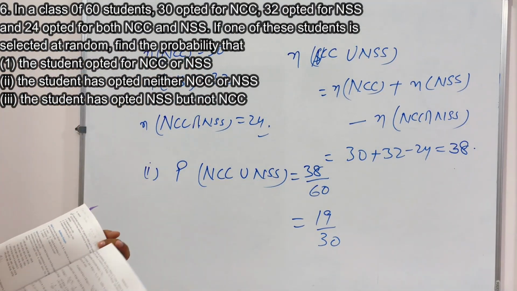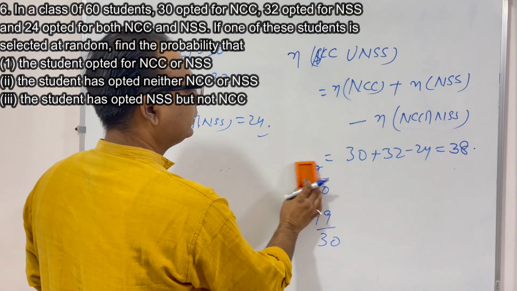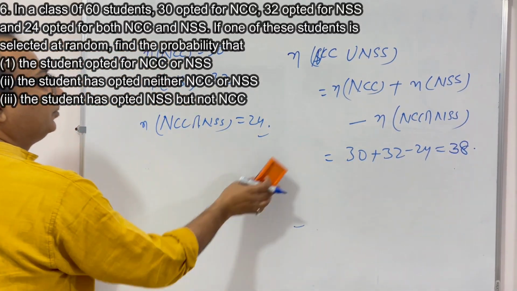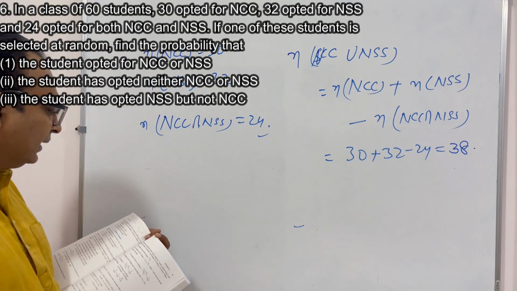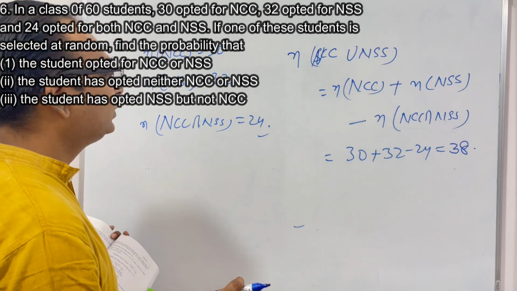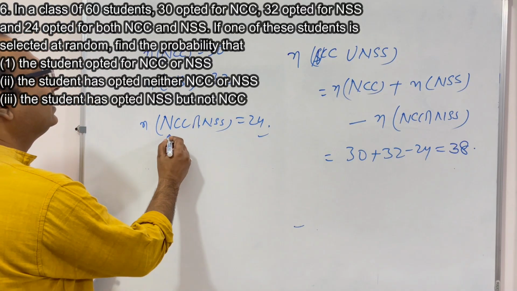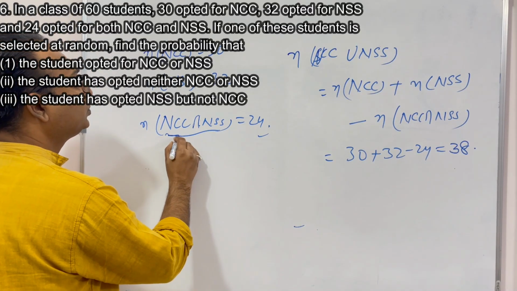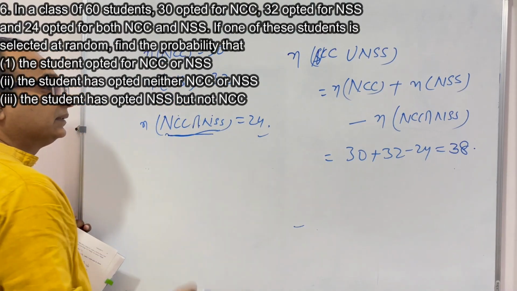Okay, let's see the second part. We will be using these values. Second is, the student has opted neither NCC nor NSS. That is, the student is neither in NCC nor NSS. See, this is the number of students both in NCC and NSS.